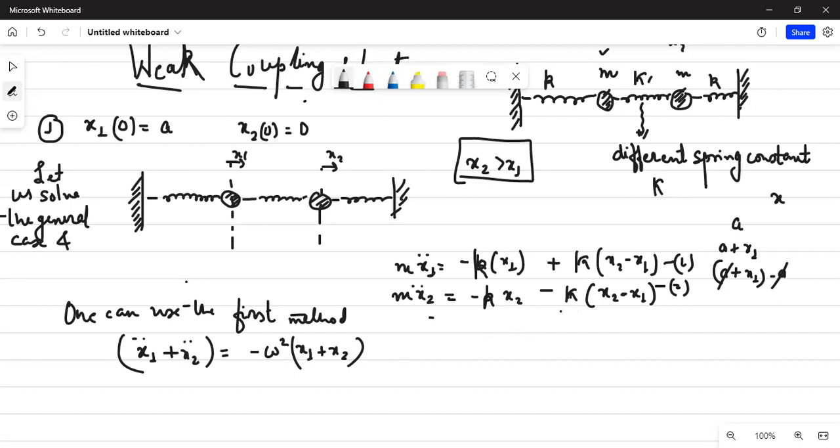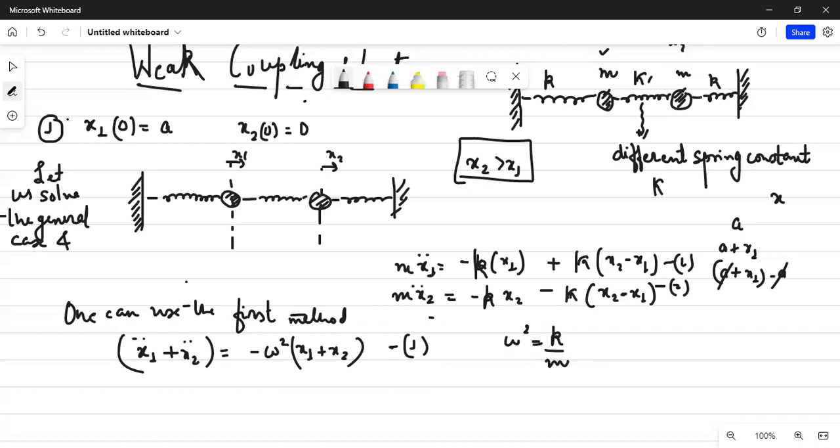If I add these two up, what will I get? This is plus, this is minus, so this will go off. So I'm using omega square for this. Don't forget, otherwise there will be confusion once, and then we'll not be able to recuperate.